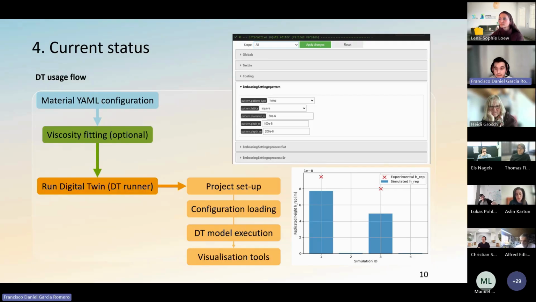You can compare experimental values with simulated values. You can also do parameter sweeps. For example, you want to vary the pressure and see how it affects the height replicated and the final contact angle predictions. You can also change the parameter geometry, such as diameter, pitch, depth, and so on. All of that affects the final result.